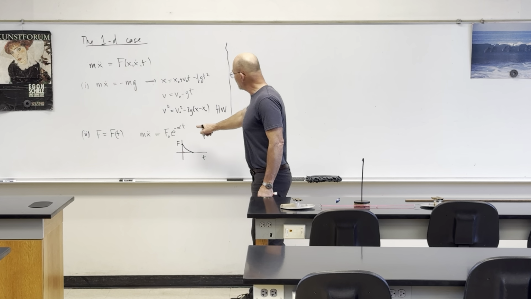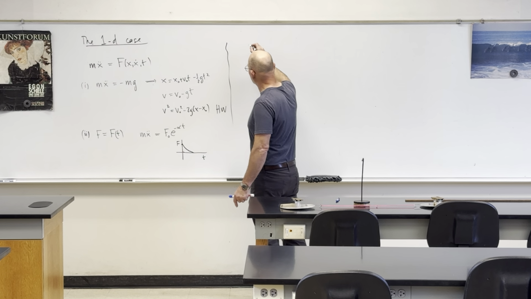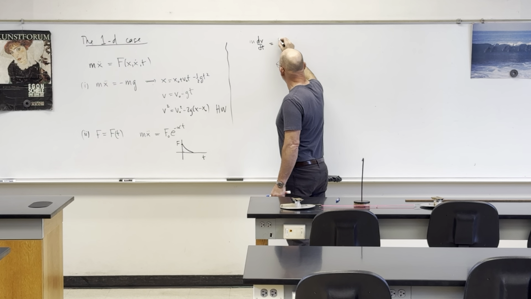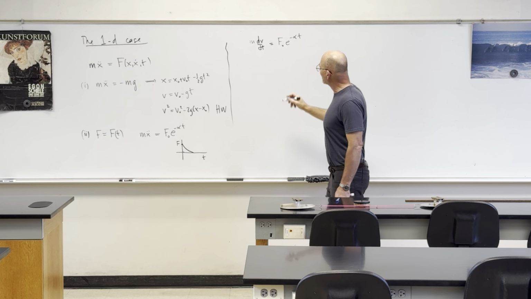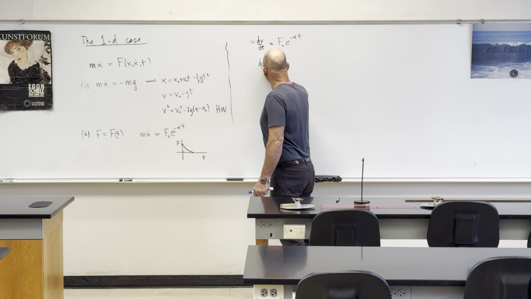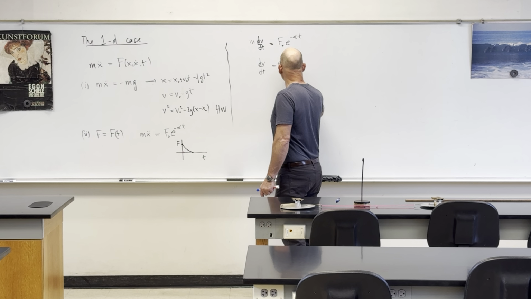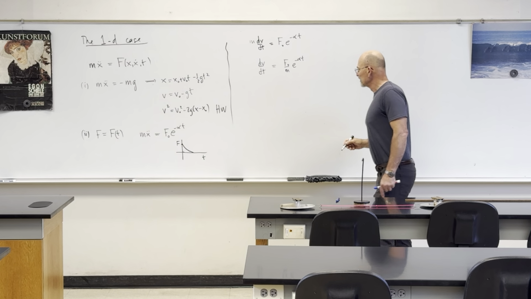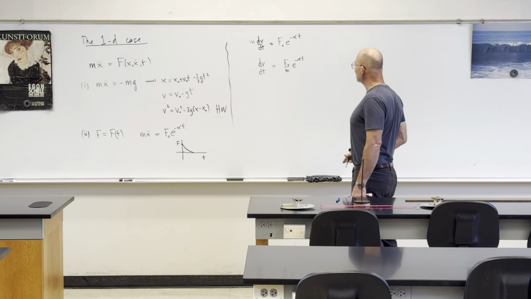Okay, so what we're going to do is solve this thing, and because it's directly a function of t, we have m dv dt equals f naught e to the minus alpha t. So now we're just going to integrate this thing. dv dt equals f naught divided by m e to the minus alpha t. So this is literally just a simple integration, and we get the antiderivative of this.